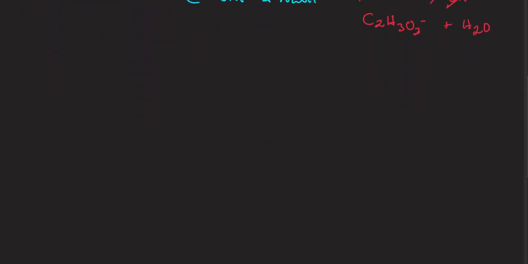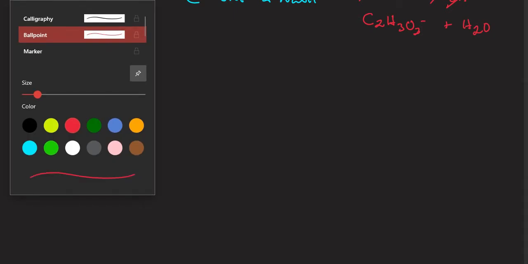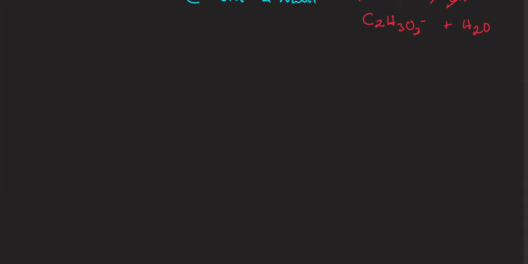Let's continue. Acetate, being the conjugate base of a weak acid, will behave like a base. Again, it is a conjugate base of a weak acid, so it behaves like a base. In the presence of water, it will look like this.